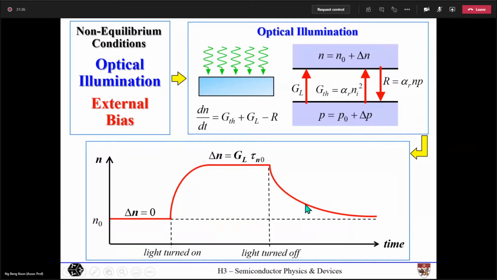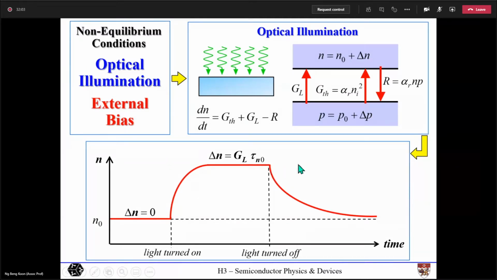It starts to decrease with time at a certain rate until it eventually goes back to the thermal equilibrium condition n0, which is what you expect, because if you don't have the optical illumination, then the concentration of your electrons would go back to the thermal equilibrium value n0. So we expect this to decrease until it goes back to n0.